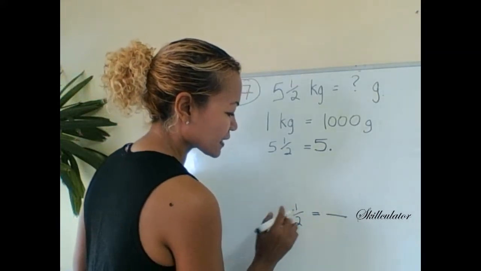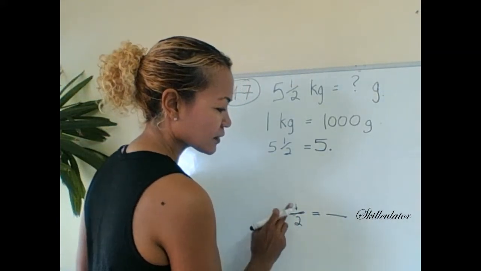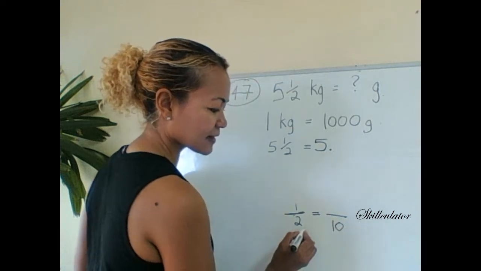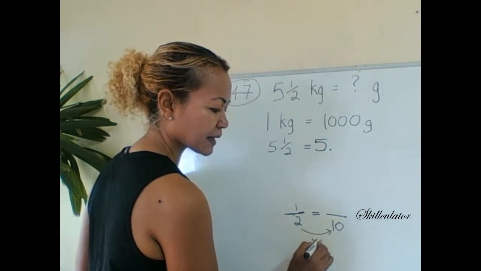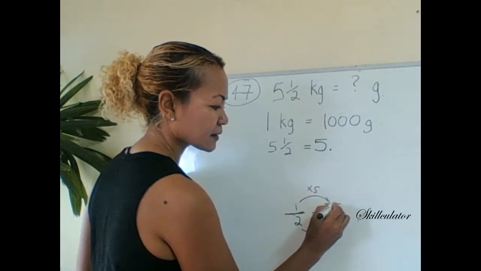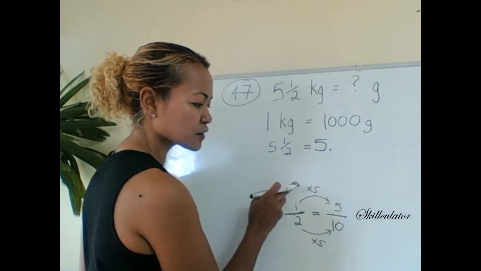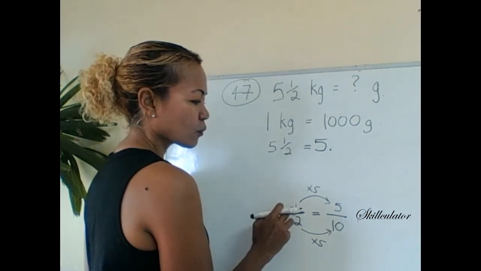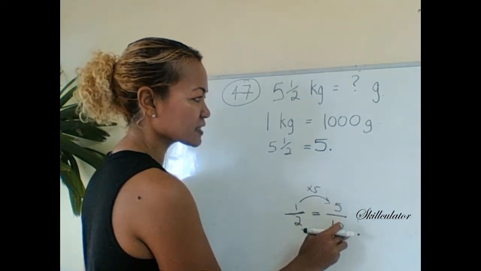So we're doing an equivalent fraction where the denominator is 10. To get from 2 to 10, multiply by 5. Do the same thing on the top. Whatever you do to the bottom, you do to the top in an equivalent fraction. 1 times 5 is 5, so 5 over 10.